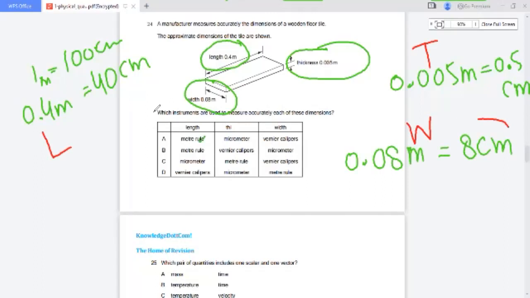So our option for meter rule, this one and this one look fine in case of length. As far as thickness is concerned, which is half a centimeter, you can use a micrometer. So this option and this option look fine.